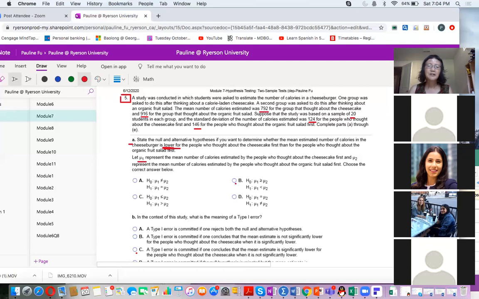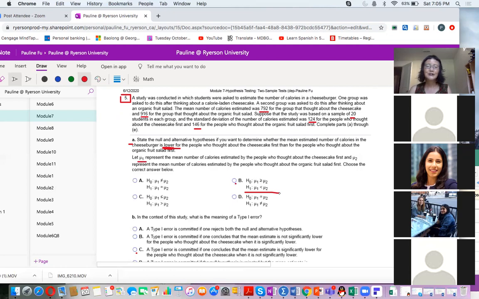Remember, the keywords lower than and smaller than apply to the H1 perspective. So go through A, B, C, D. Which one has smaller than attached to H1? This one here. Lower than, the same thing. Keywords smaller than, lower than apply to H1 perspective.